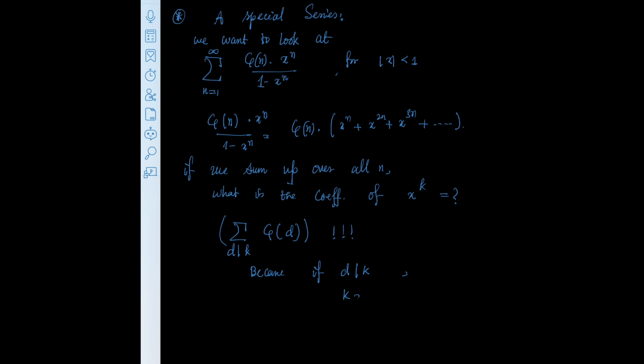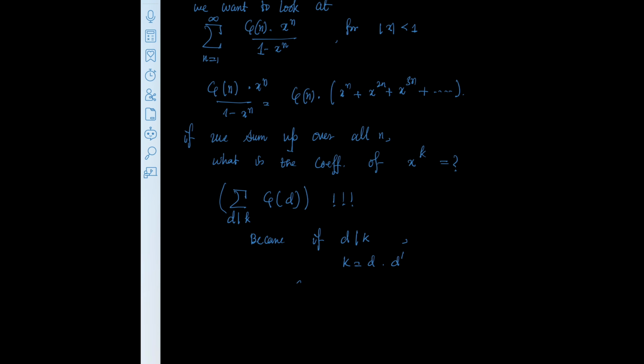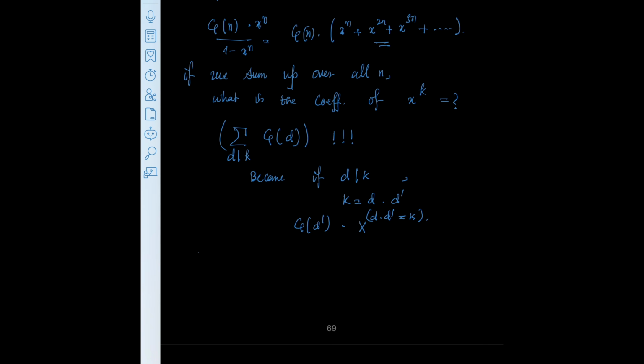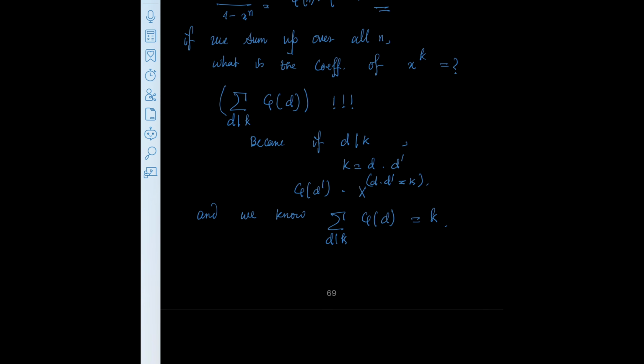If d divides k, k equal to d times d prime, then phi d prime appears with x to the power d times d prime. Okay, so that's why this is a sum over d dividing k of phi of d. Now, as we know, the sum over d dividing k of phi of d is k. We proved that earlier.